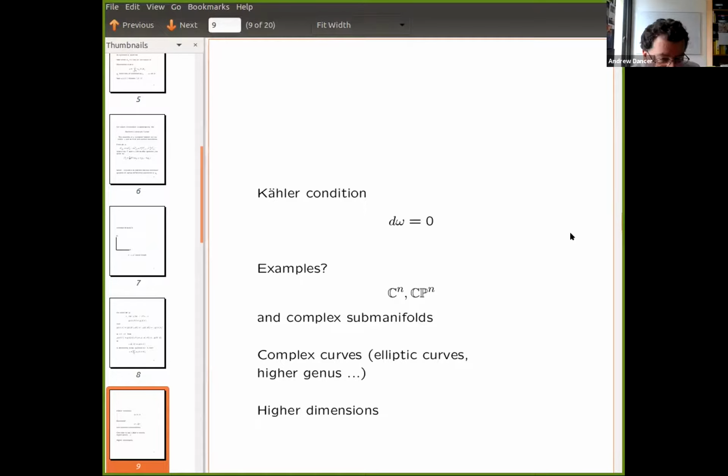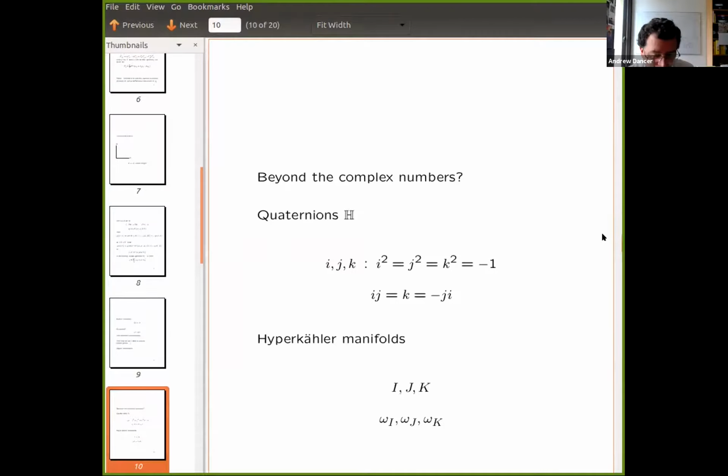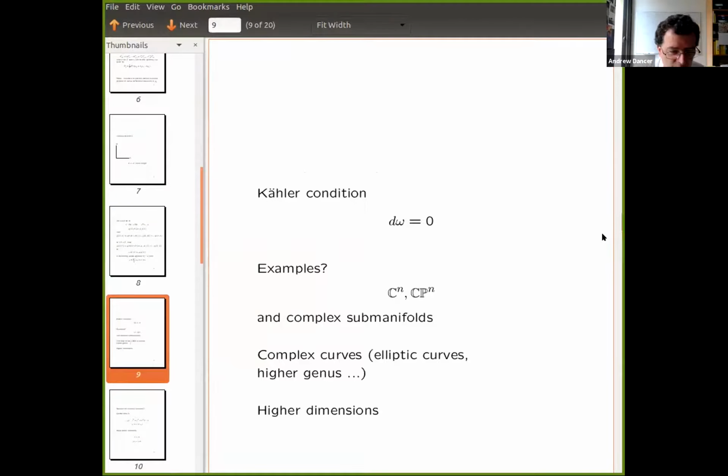These will have Kahler structures. So those are the class of complex geometric objects we consider, the Kahler manifolds, and these have a physical significance as well.